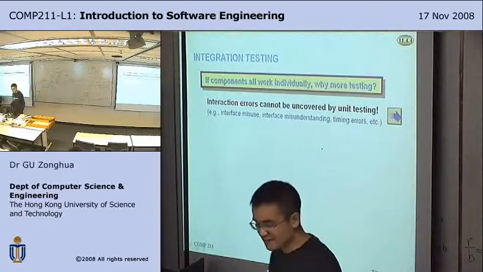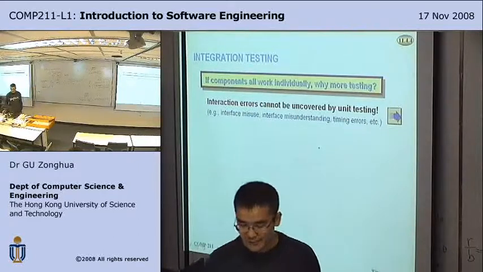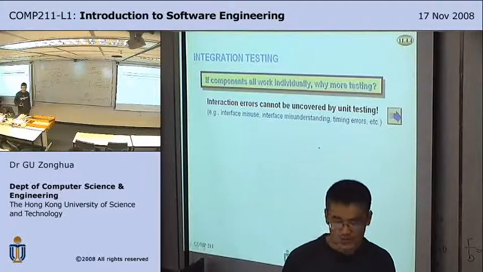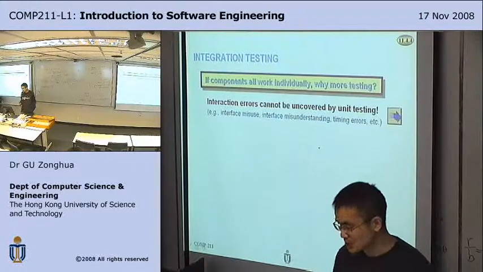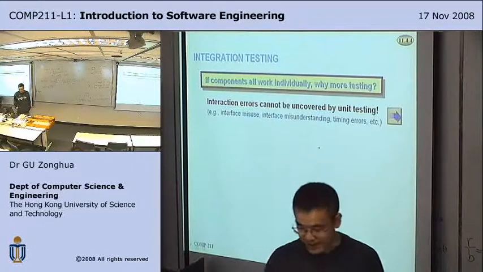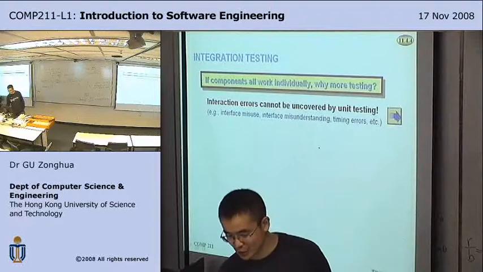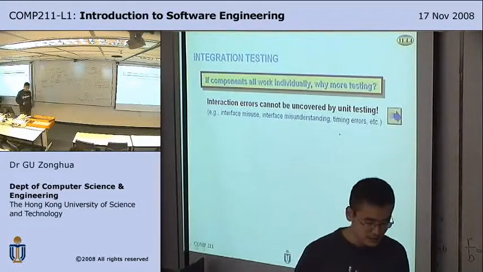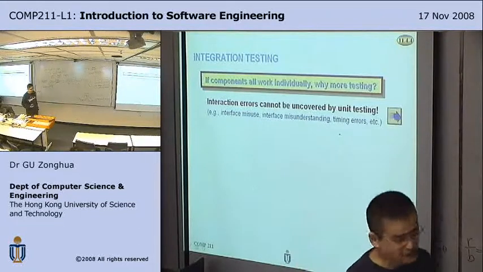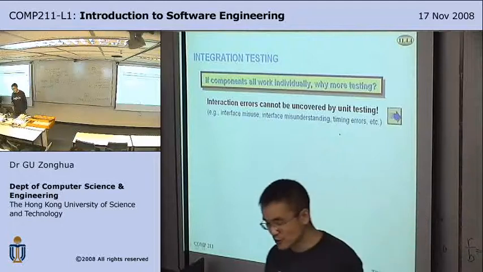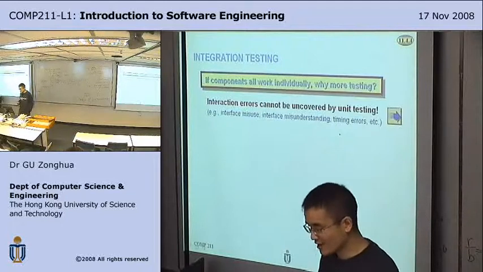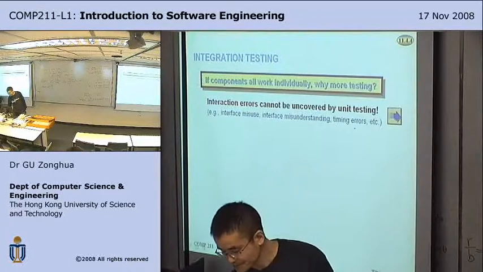For example, interface misuse, interface misunderstanding between different components, and timing errors that only happen when you integrate components together, because the timing behavior is often end-to-end, from input to output, which may cut across many components.